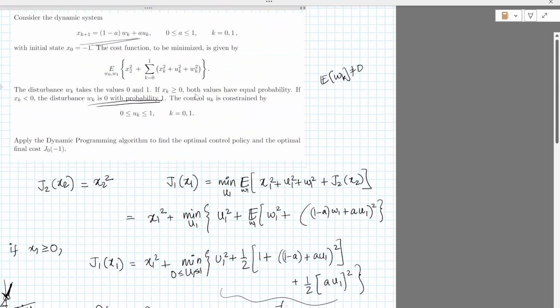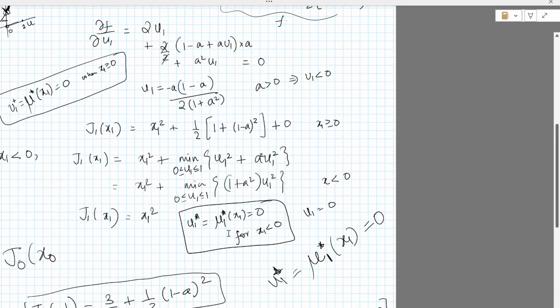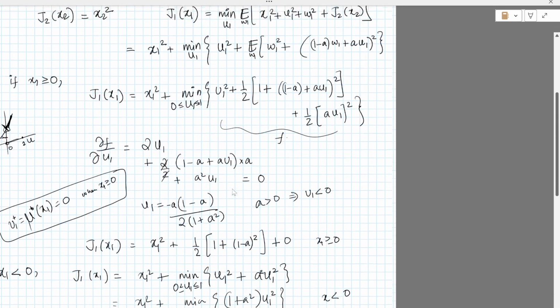So a u naught equal to 0 means x1 is 0 actually.